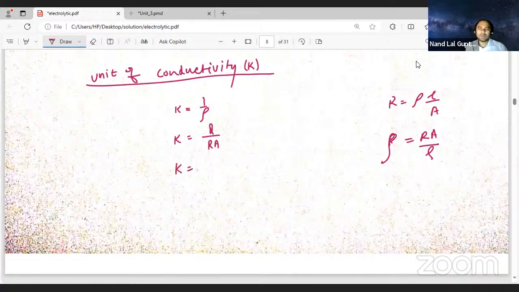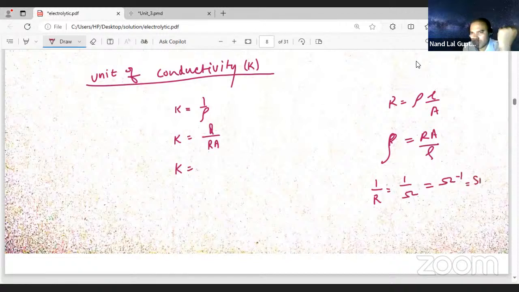Now K is equal to 1 upon rho, so K is L upon RA. Here 1 upon R is 1 upon ohm, or ohm inverse, which is called Siemens. So let us take 1 by ohm multiplied by centimeter upon centimeter square.